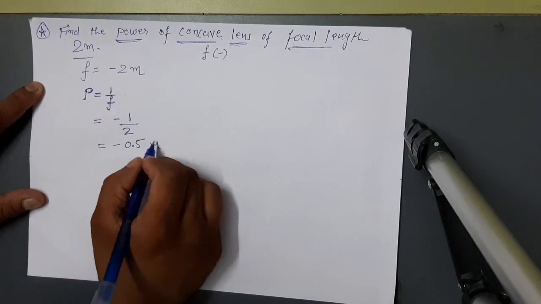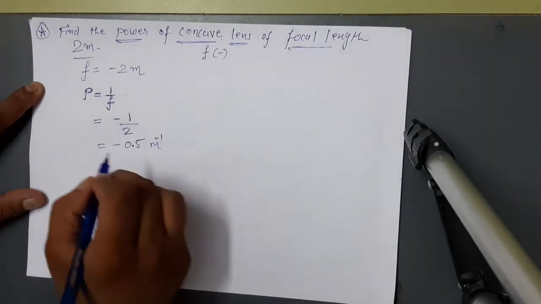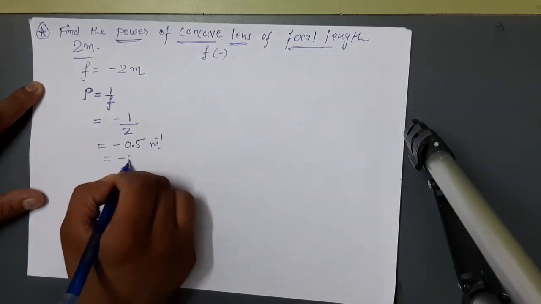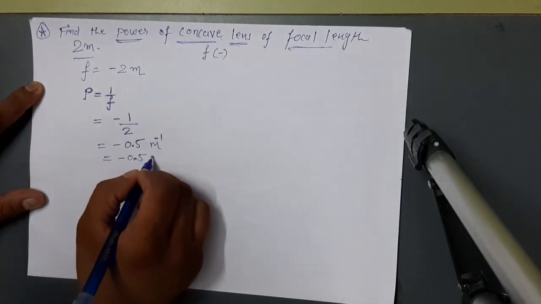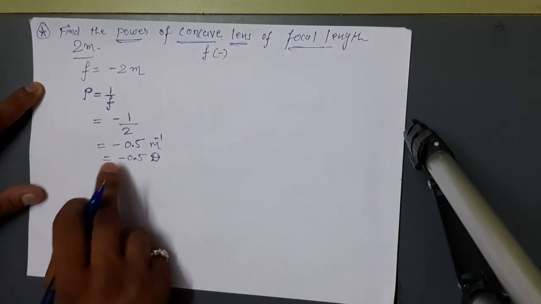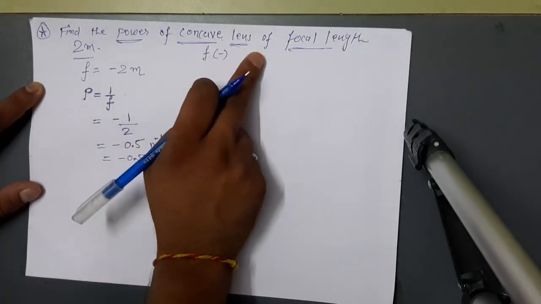We can write the unit as meter inverse, or we can also write it as minus 0.5 diopter. So this minus shows us that our lens is a concave lens.